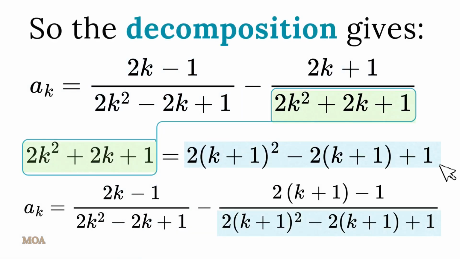Now, notice that 2k squared plus 2k plus 1 equals 2 times the quantity k plus 1 squared minus 2 times the quantity k plus 1 plus 1.